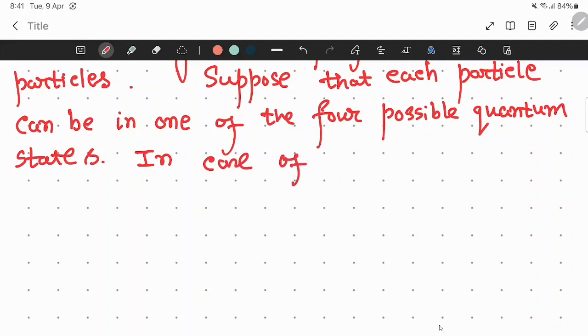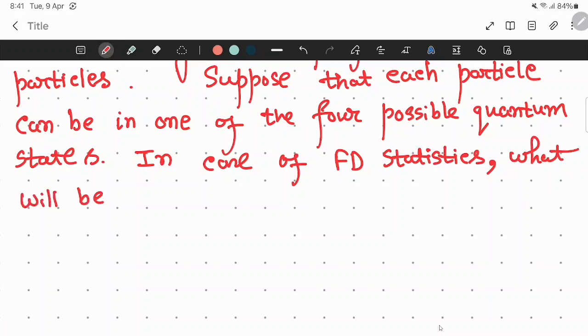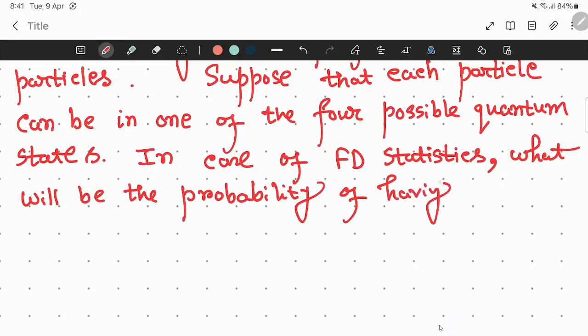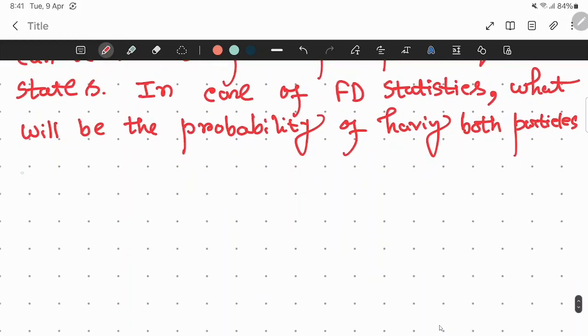In case of Fermi statistics, what will be the probability of having both particles in the same state?